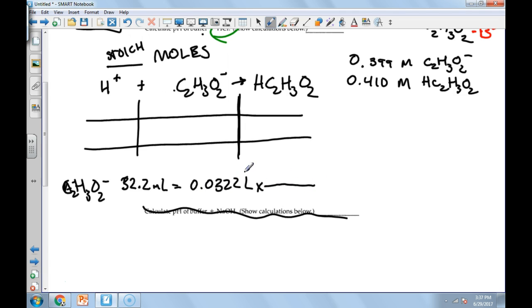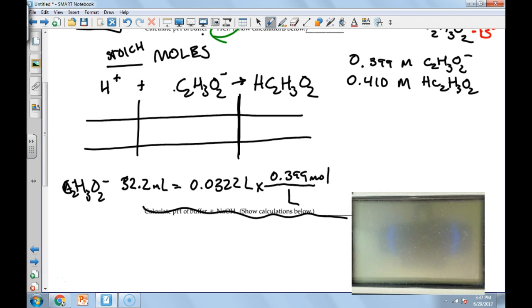Now when we X-line that, because again we want to do this in moles, we're going to have 0.399. Remember, molarity is the same as saying moles per liter. So now, maybe I can bring my calculator back, turn it on, and say, what's 0.0322 times 0.399?